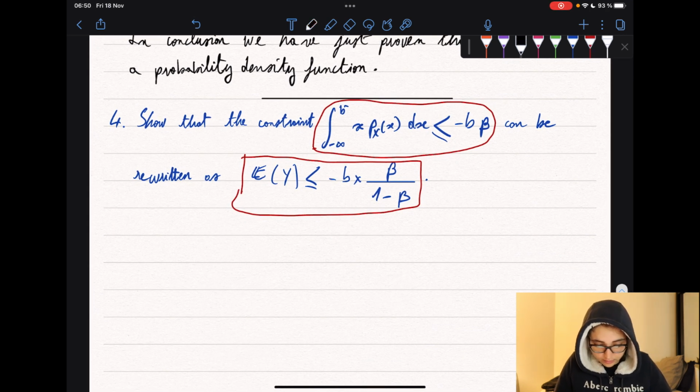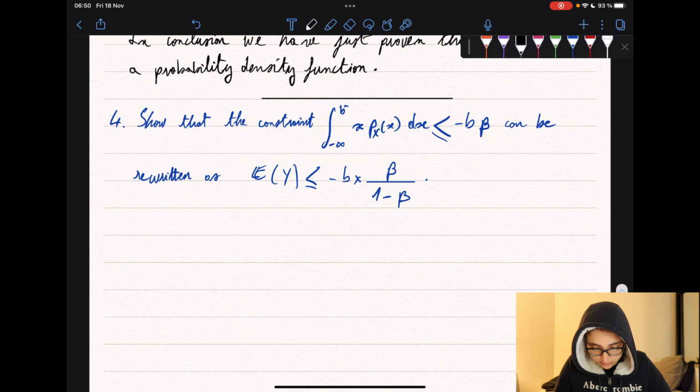So now let's prove that this inequality is equivalent to the inequality in terms of y.